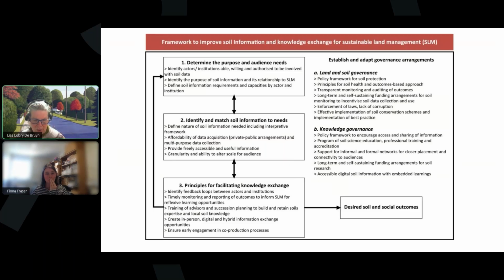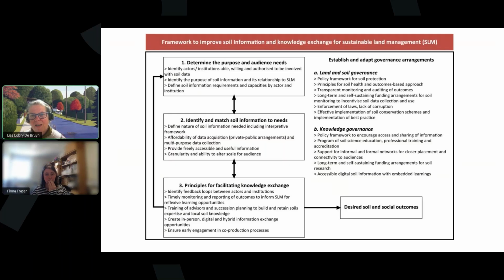And importantly, by facilitating the knowledge exchange, you're applying some of those principles and strategies and ensuring that there are actually opportunities to have those engaging experiences with knowledge, and also the time to actually reflect on how they went. Otherwise we're not going to achieve the sort of desired soil and social outcomes we want.